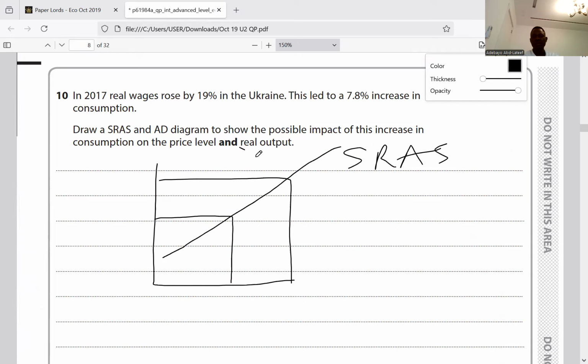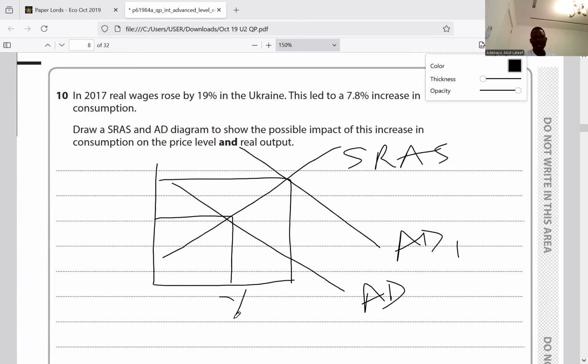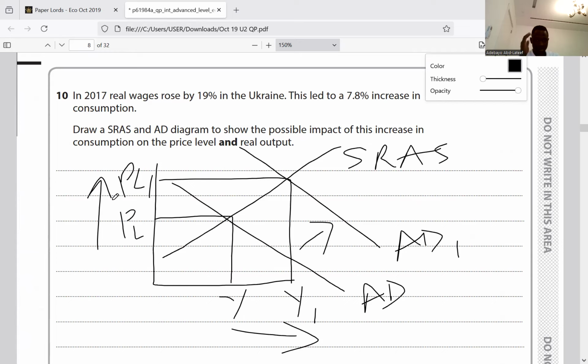Then we have the AD, let me use AD1. We have Y and Y1, and we have price level P and price level 1. So that's the graphical representation of this situation: Y to Y1, AD to AD1, PL to PL1. So that's question 10 done.